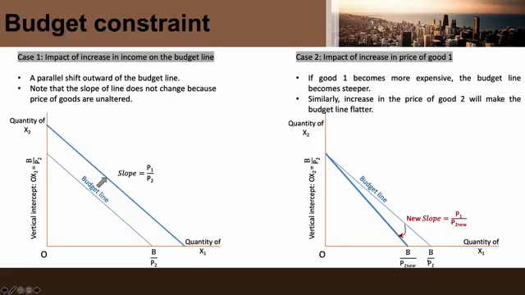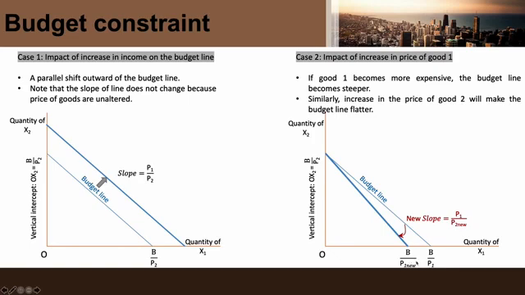So we are saying that the price P1 changes from P1 to P1 new, and P1 new is greater than P1. So the price of commodity 1 is increasing from P1 to P1 new.